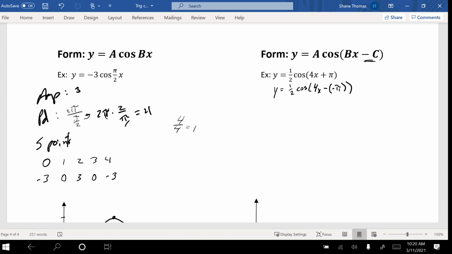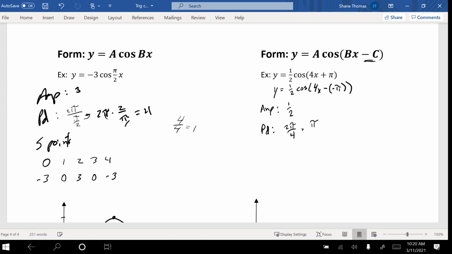All right. Same thing as before. Amplitude. What's my amplitude? 1/2. Good. Period. So it's 2 pi over what? Over 4. Yep. 2 pi over my b term, which is 4.